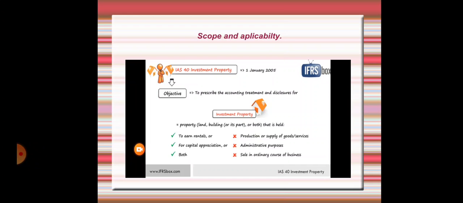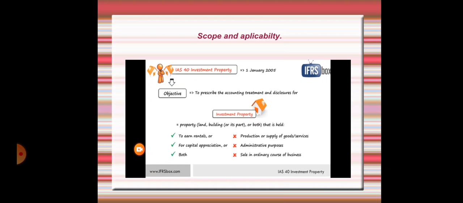So IAS 40 investment property came into existence on January 1st, 2005. The objective was to prescribe the accounting treatment and disclosure for the investment property. So the objective of bringing this accounting standard into existence was to mention the rules, regulations and standards regarding how to show the buildings or lands or any kind of immovable property included in IAS 40 in the balance sheet or in the financial statements.